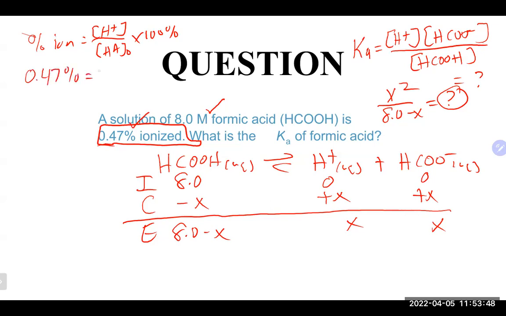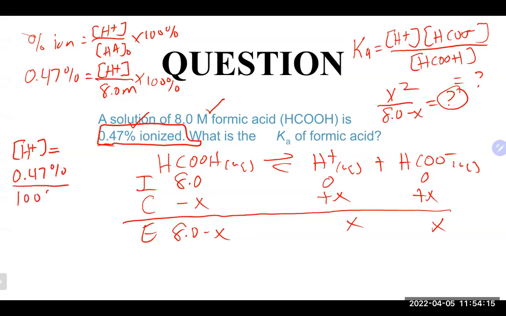0.47% is equal to H plus, which we don't know, divided by our initial concentration of the acid, which was 8 molar in this case, times 100%. We could rearrange that and actually solve for the H plus concentration. The H plus concentration would equal 0.47% divided by 100% times 8 molar, basically.